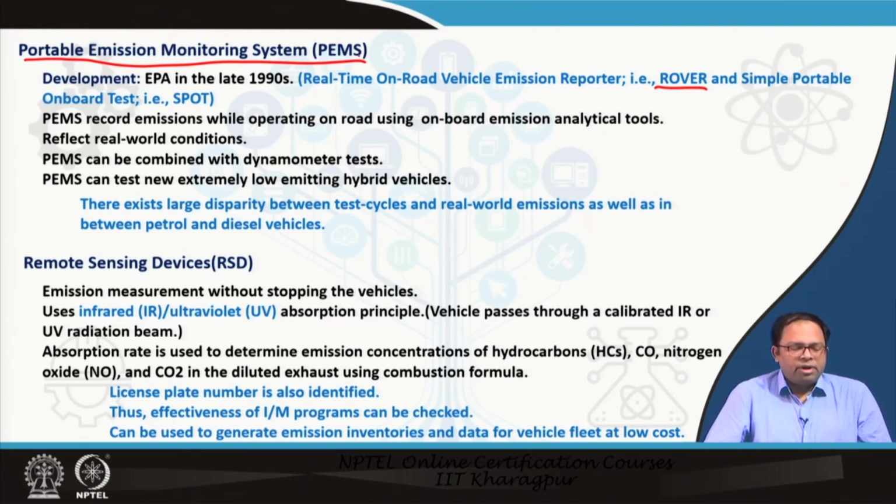We have an infrared and ultraviolet beam, and when the vehicle passes this beam, we can detect the concentrations of hydrocarbons, carbon monoxide, nitrogen oxide, and carbon dioxide in the exhaust coming out of that vehicle. Basically it's the diluted exhaust coming out of the vehicle which is measured, based on the infrared and ultraviolet absorption principle.